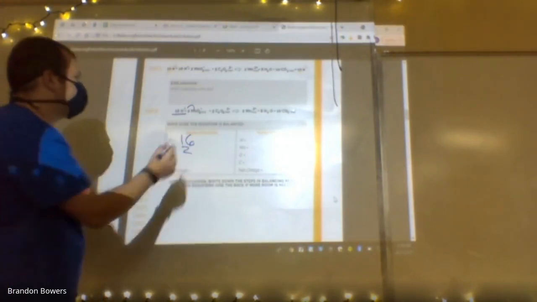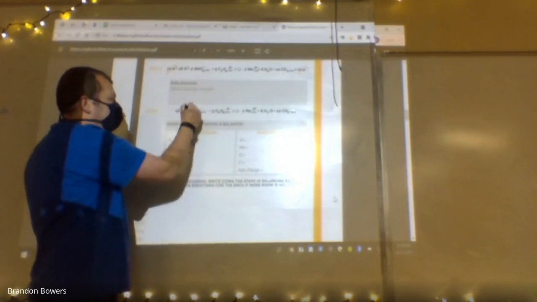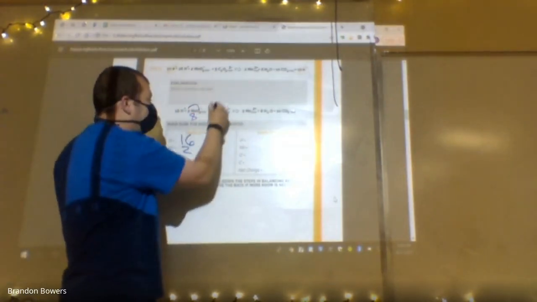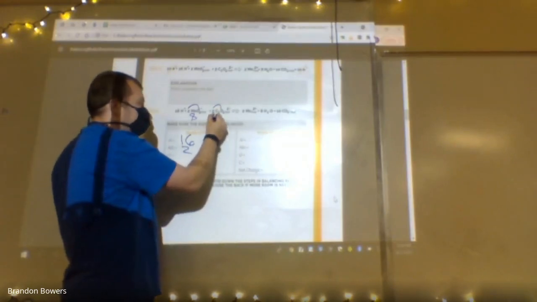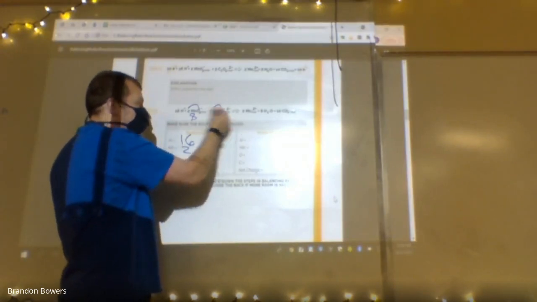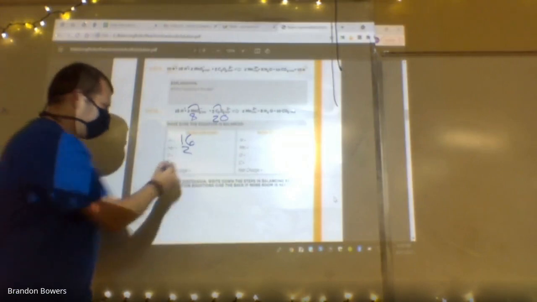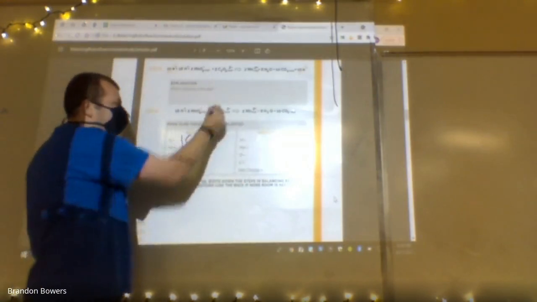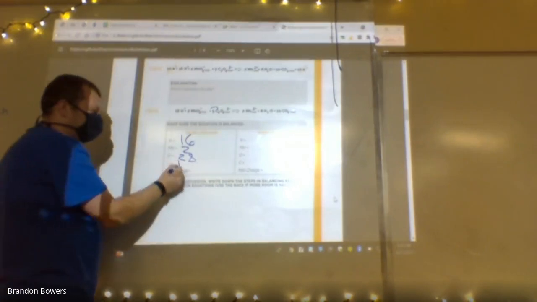How many oxygens? Well, this is a tricky one. I have 2 times 4, which is 8. I have 5 times 4, which is 20. What is 20 plus 8? 28. Carbon. What is 5 times 2? 10.